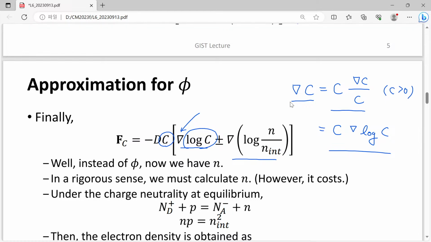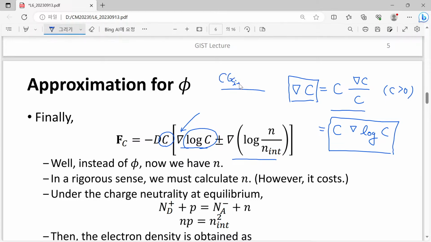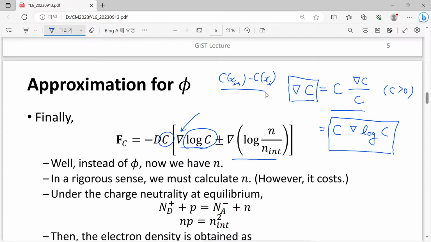They are equivalent. Gradient of C is equal to C times gradient of log C. But please note that when you just consider this form, then what you have to do is C at x_{i+1} minus C at x_i, divided by delta x. And when you take this form, then you have certain C values.